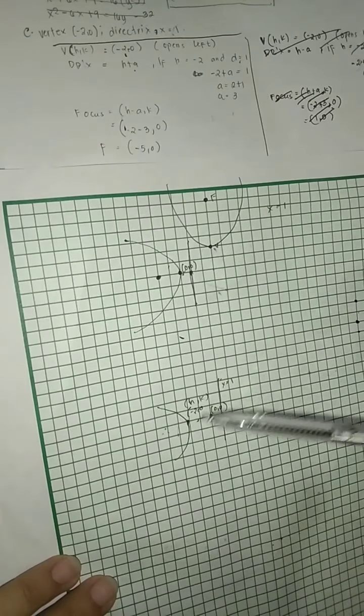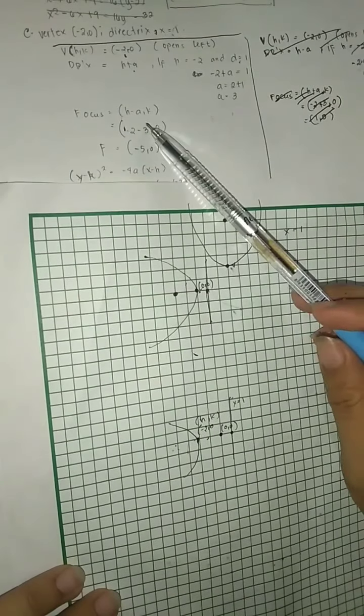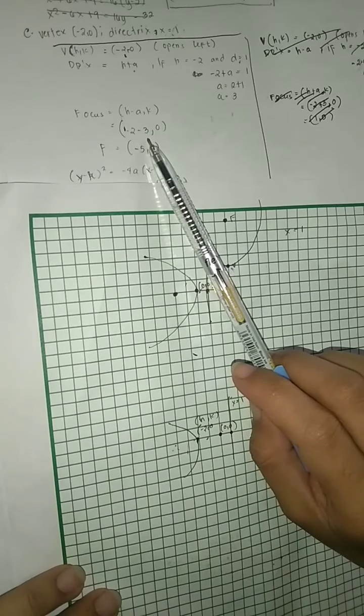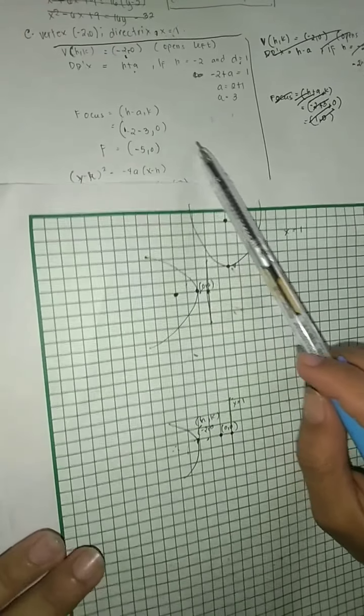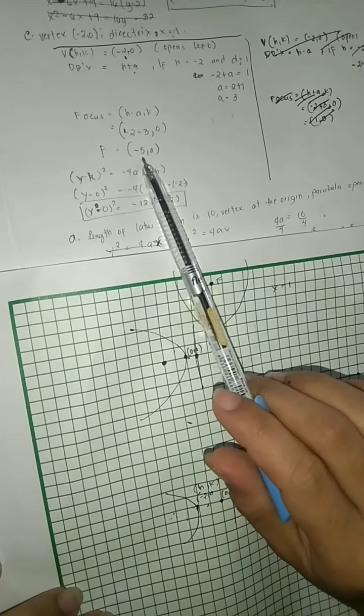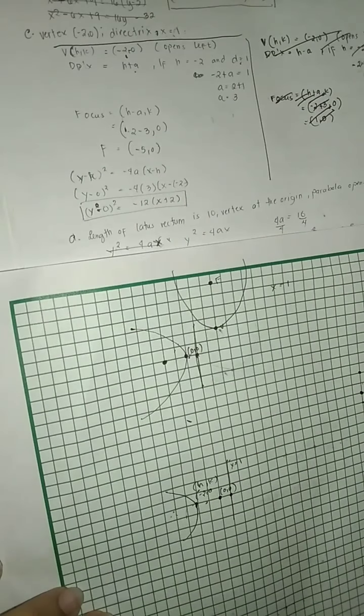So we have to minus a, which is 3, and k. That would give us the coordinates of the focus, which is (negative 5, 0).